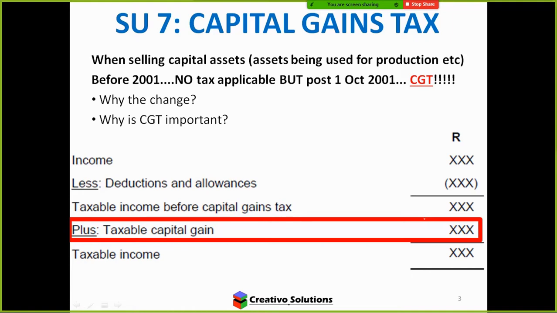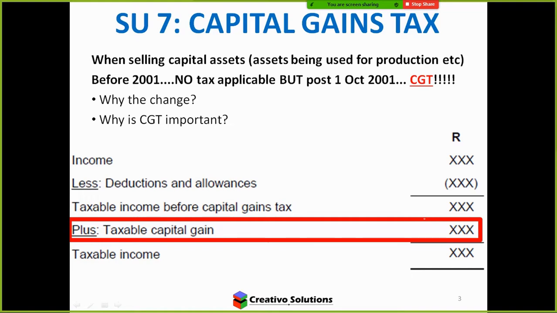Yes, and to widen the scope, because if you don't tax assets that are bought and sold, you're actually losing out on income. So a taxable capital gain is something that government is using as a way to collect more tax, but also to make it similar to the accounting, because accountants obviously look at a gain or loss on the sale of an asset.